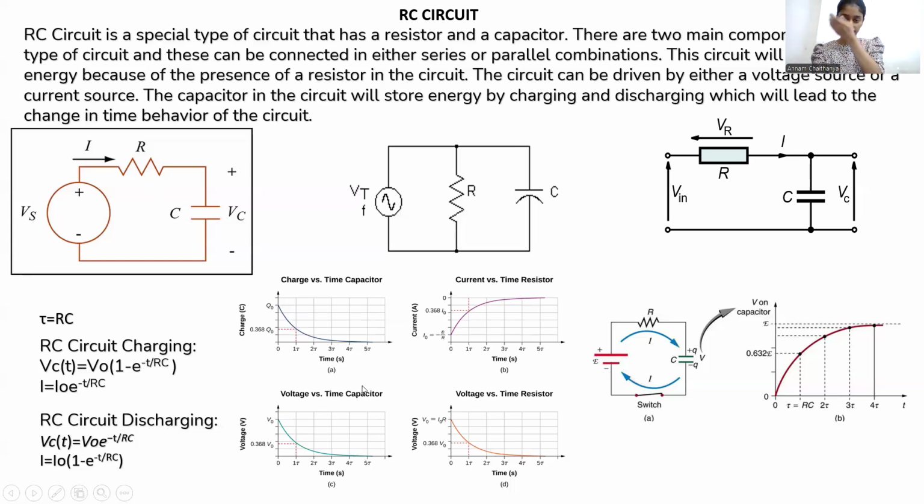Here the voltage across the capacitor is increasing with the increase in time. Here the current is increasing across the resistor. Here the voltage is decreasing across the capacitor with the increase in time. These graphs can be observed when the circuit is charging or discharging.